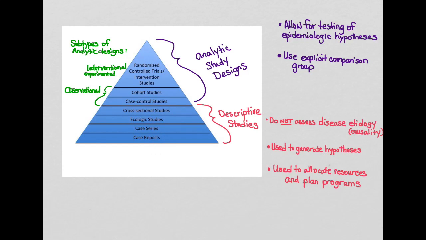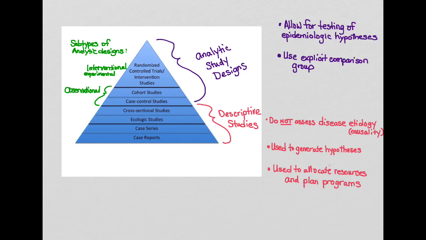So within the analytic study designs, which are the best types of studies, at least for looking at hypothetical causal relationships, you can separate them into observational versus interventional. And then overall, you could say that these studies are also observational because they just describe relationships rather than explicitly testing them.